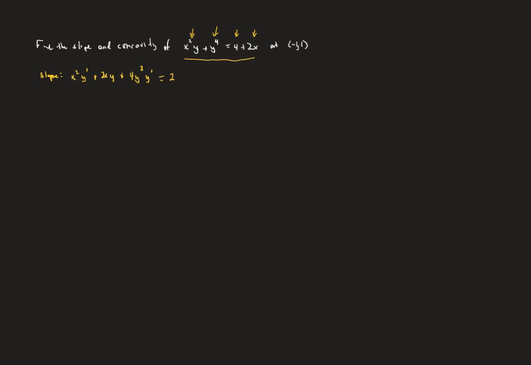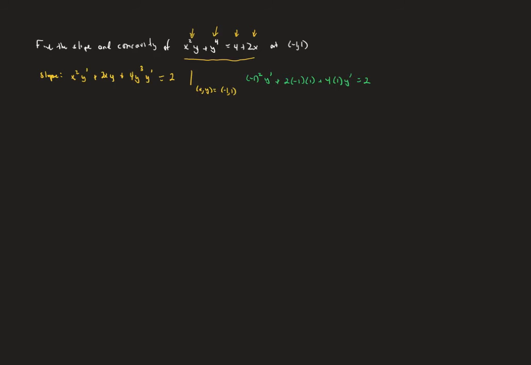So we can go ahead now and evaluate this at x, y equal to -1, 1. And so that means we're going to get, let's see, x is -1, so that's going to be a -1 squared y prime, and then plus 2 times -1 times 1, that's the 2xy, plus 4 times 1 cubed is 1, and another y prime that we're working towards finding, and that's equal to 2.